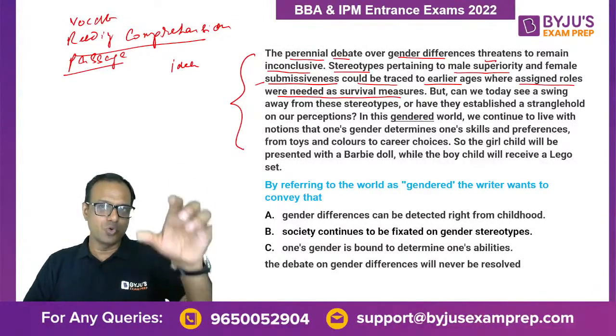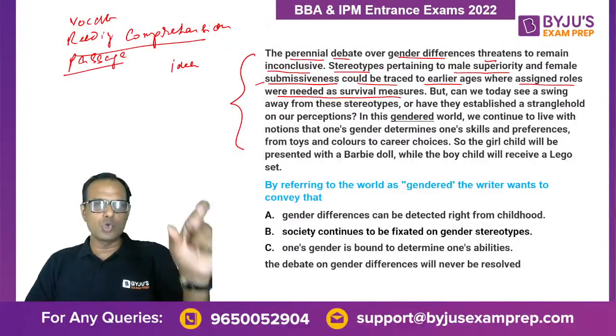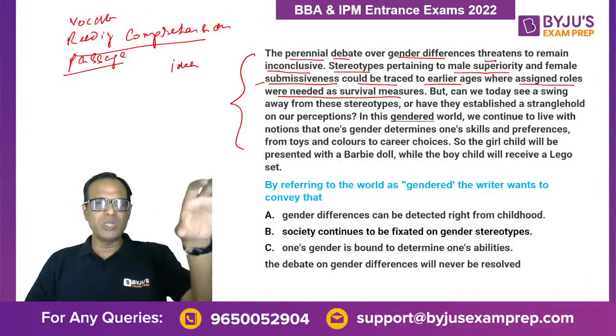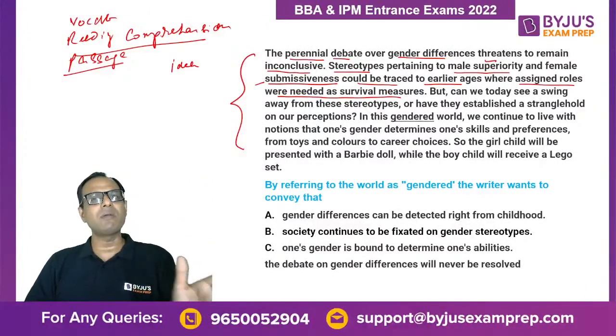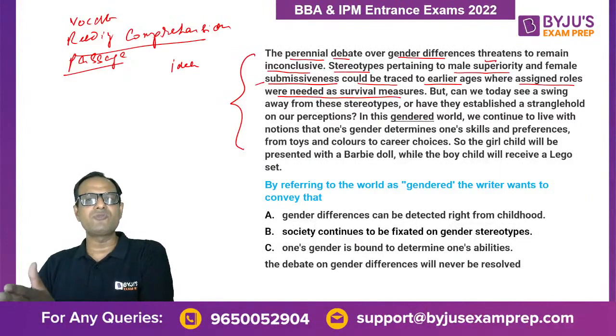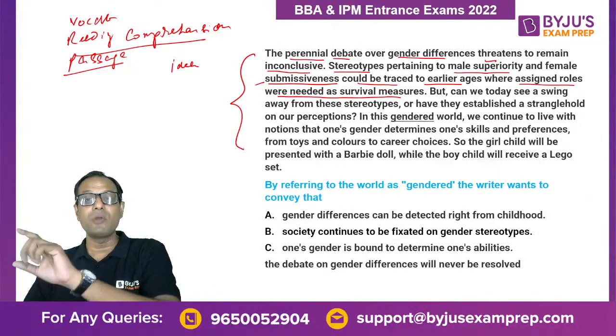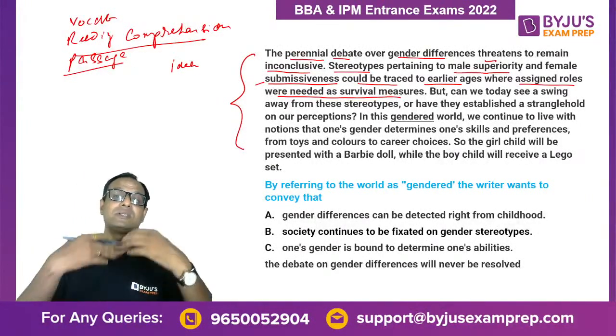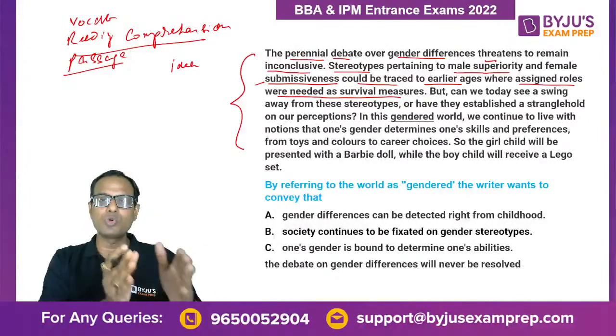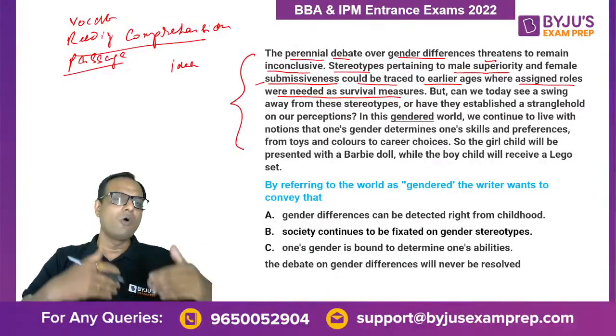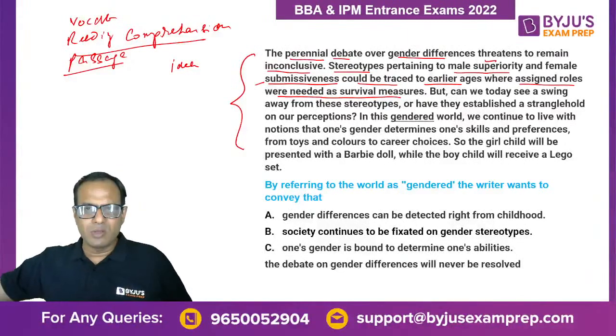Males would have a to-do list of activities fit to be done by males only, and females would restrict themselves to activities they were considered fit to do only. And why was it done? The author gives you the reason: for survival measures.